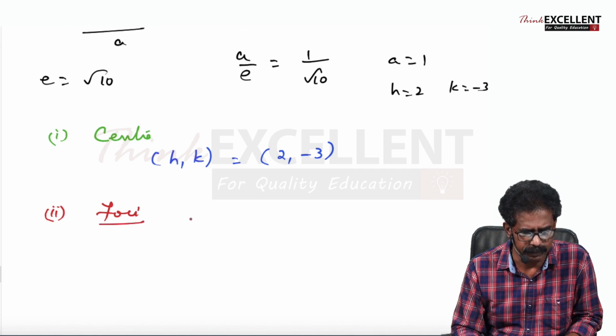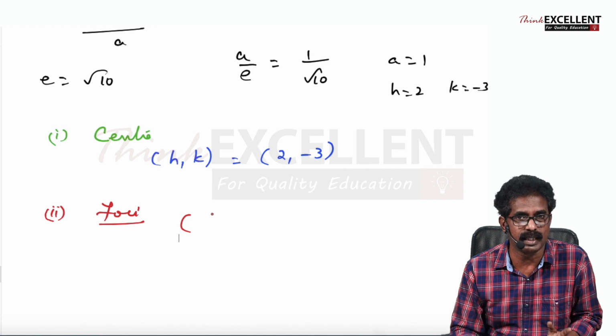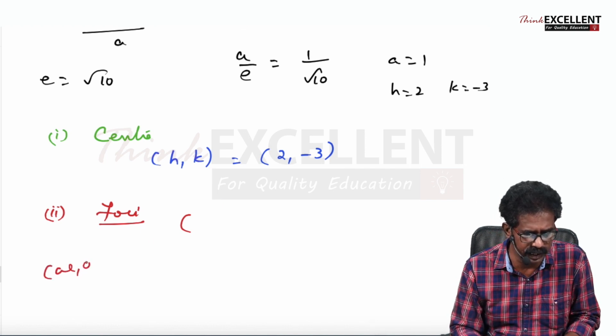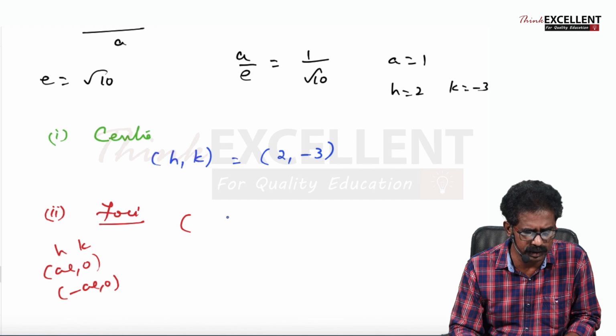So foci. Generally it is C comma 0 and minus C comma 0, but here you have to add what? H, K. So instead of C, you can write AE comma 0 and minus AE comma 0, but you have to add H and K to the coordinates, right? So what you get? AE plus H, 0 plus K. That is one focus.